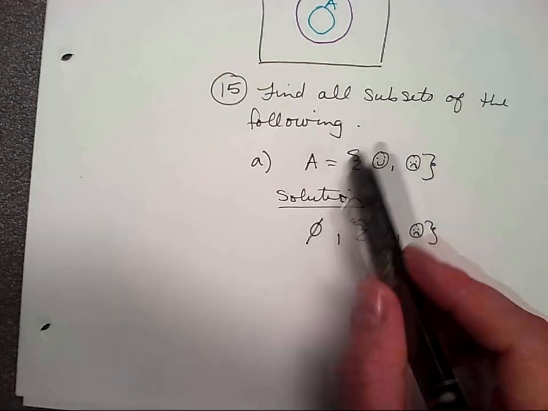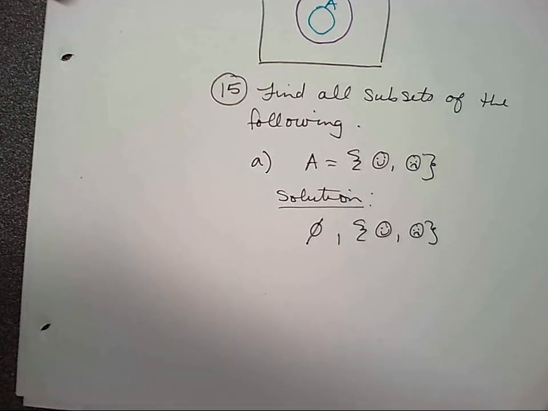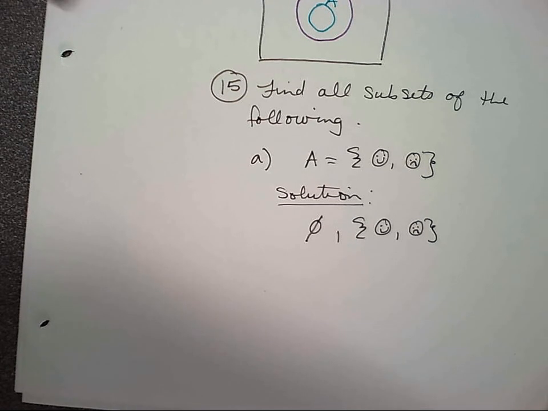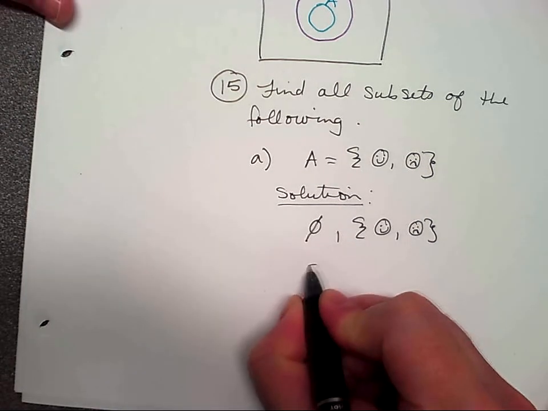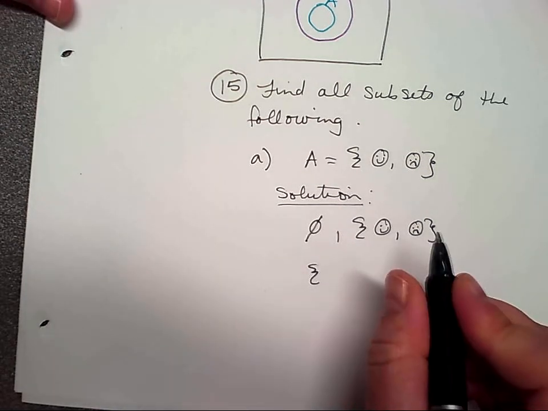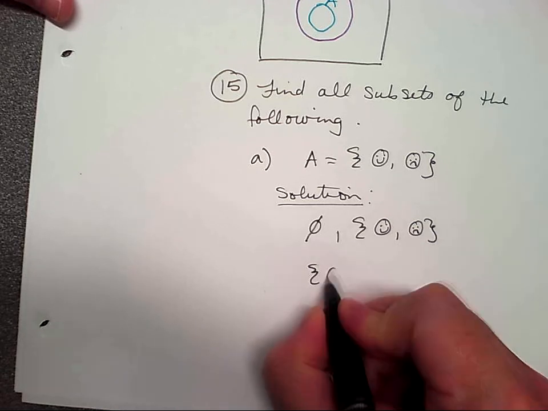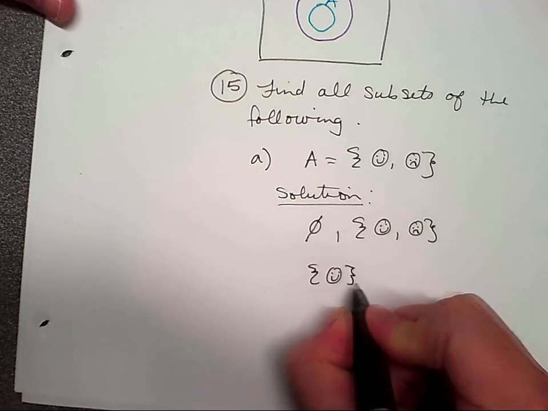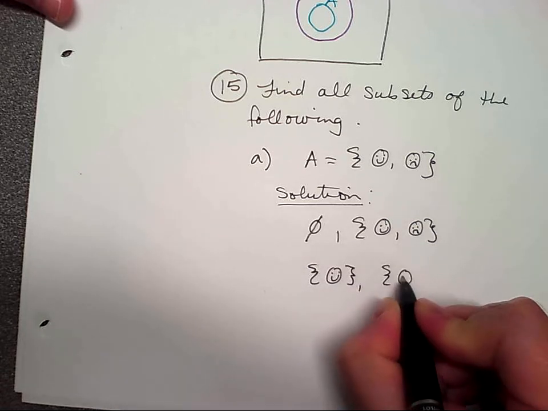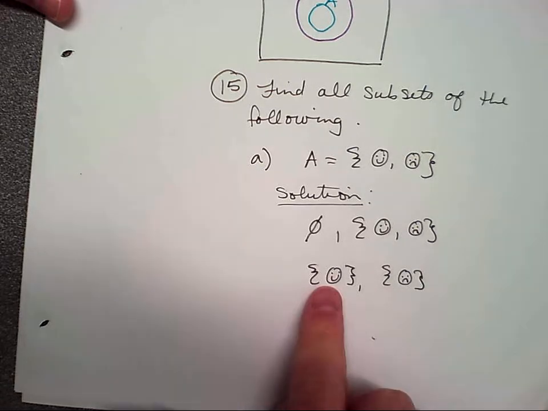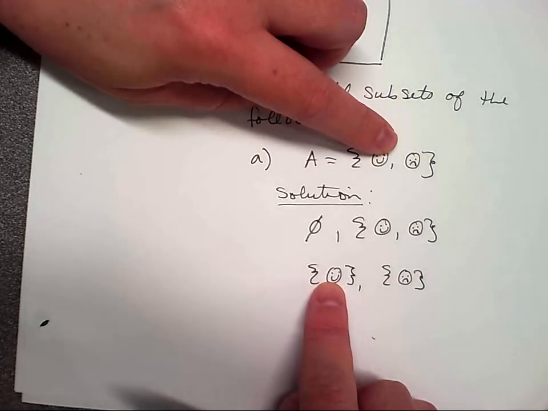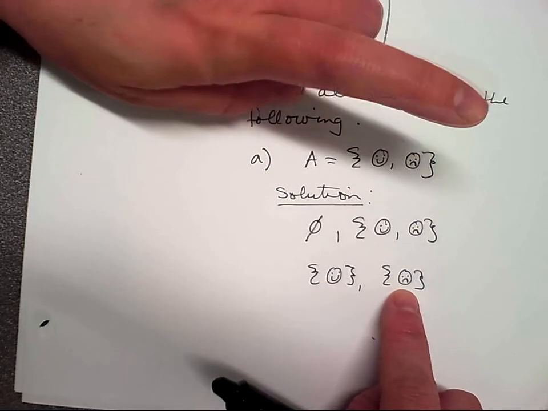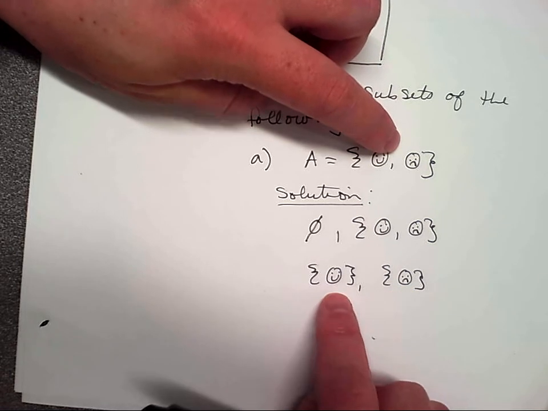Okay, what are the other possible subsets of this set? Just the smiley face and just the sad face. So are all elements of this set also in this set? Yes. All elements of this set are also in this set? Yes. So these are subsets.